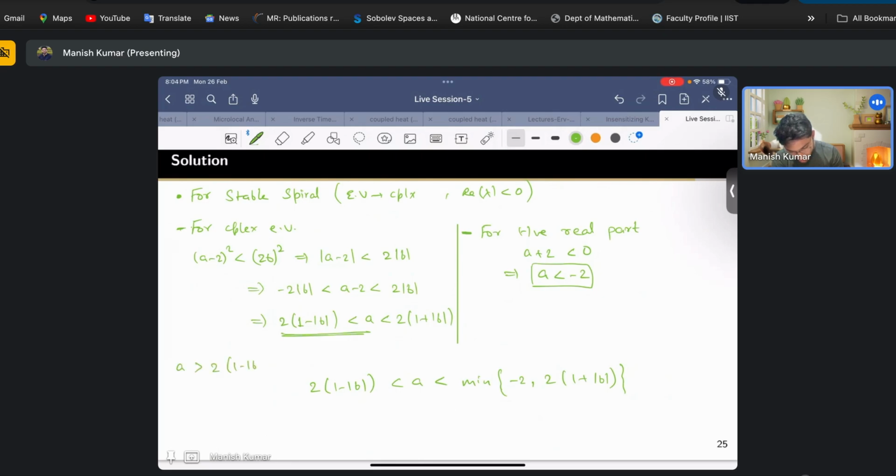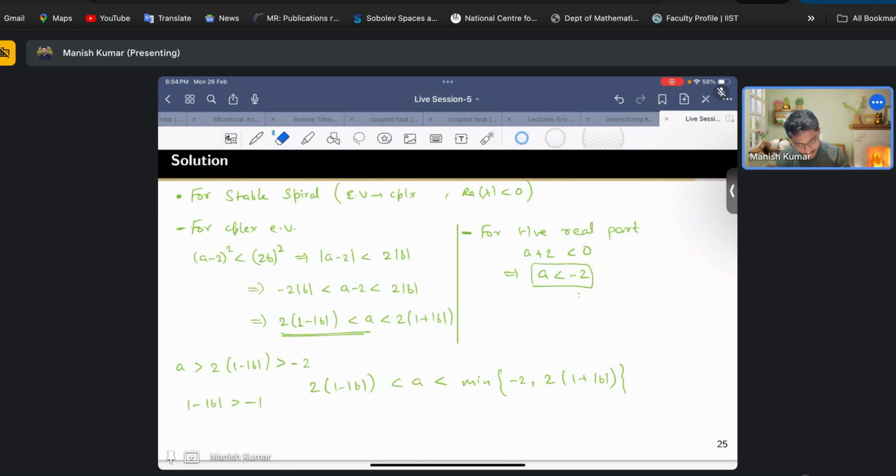Now suppose that 1 minus mod b is greater than minus 1. Then that would mean that this is greater than minus 2, but we know that a is less than or equal to minus 2. So there is one more condition on b we can put, right?